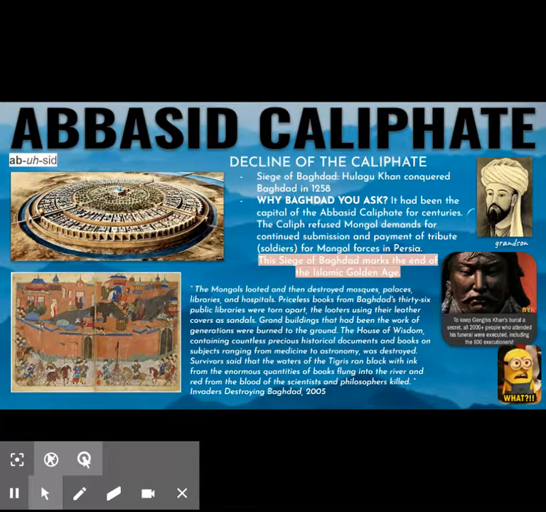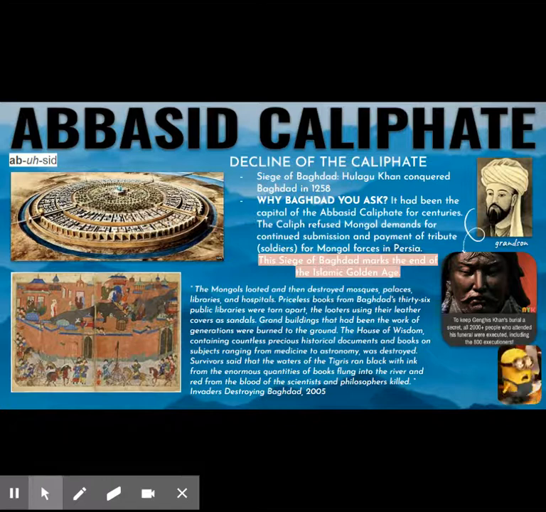He then asked all the remaining religious scholars, who were pretty upset by now, would you rather be ruled by an infidel, a Mongol, or an unjust believer, a Shia? They chose the latter, and the end of the Sunni-led Abbasid dynasty was complete. So that is possibly another version of what brought down the Abbasid Caliphate.